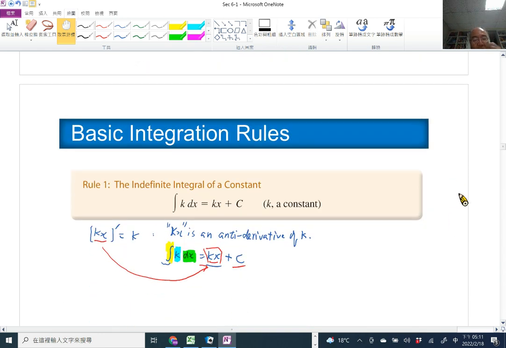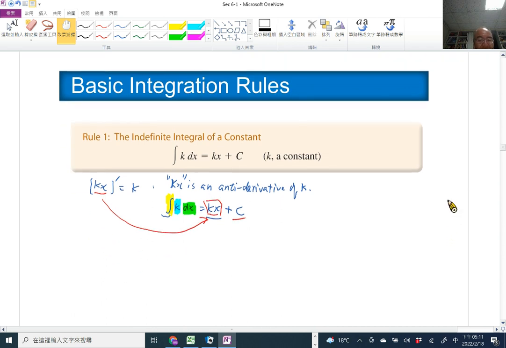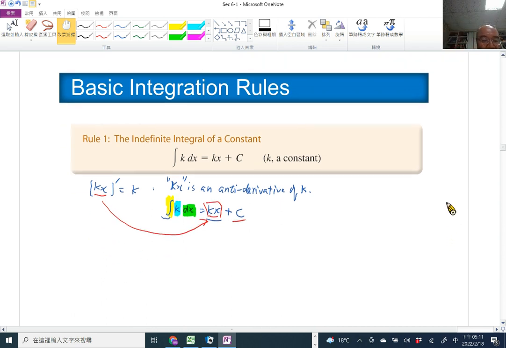One of the first ones: since we know that for any constant k, the derivative of k times x with respect to x is equal to k.